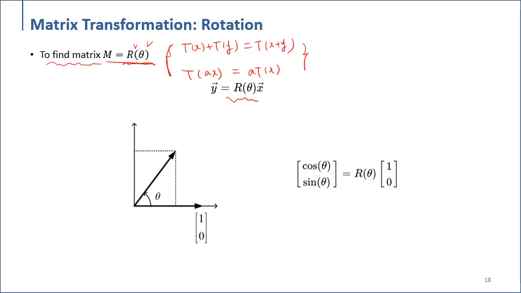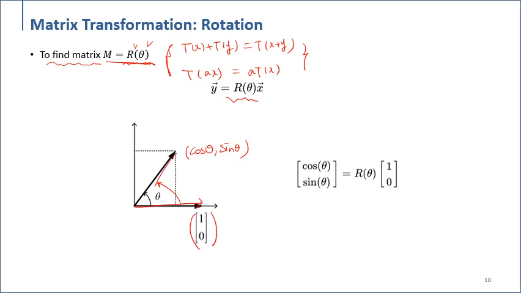Let's start with the very simple basis 1, 0. We know that the 1, 0 vector will be transformed to cosine theta, comma sine theta, right?